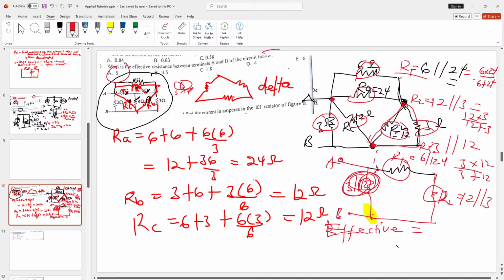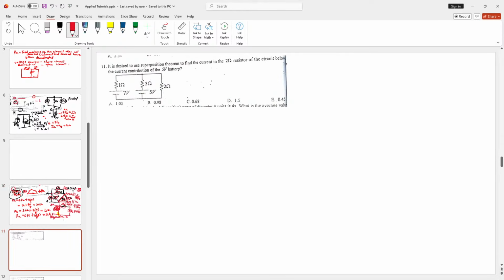Now, moving on. So the person that was waiting for the superposition question, we've gotten to superposition. So this question is saying that, once again, it is desired to use the superposition theorem. If you think you can use a different theorem to do it and get it right, I mean, you can do it.